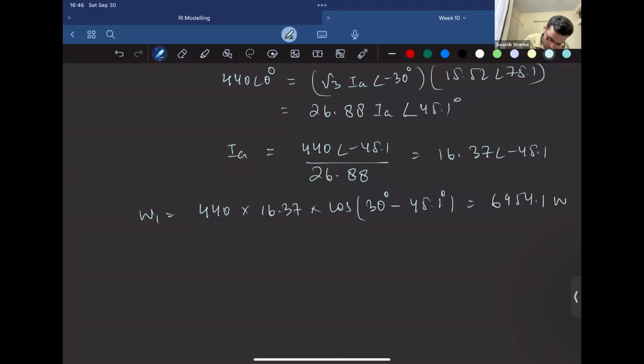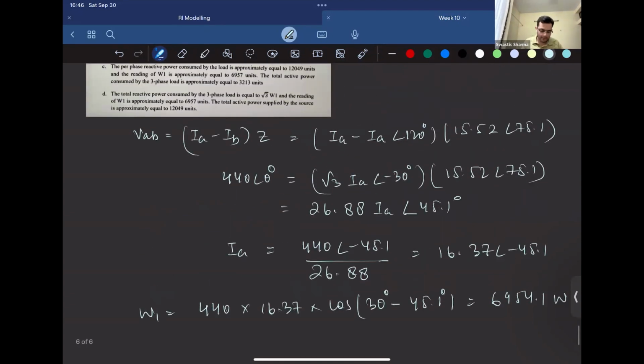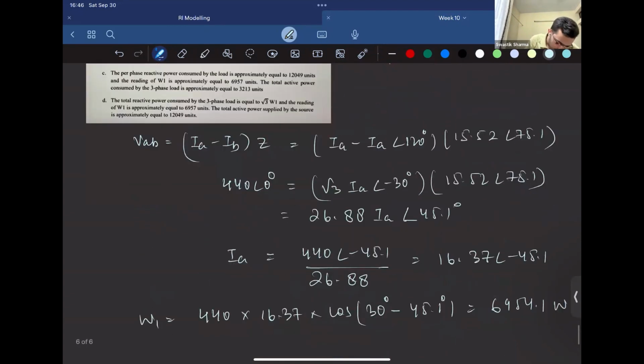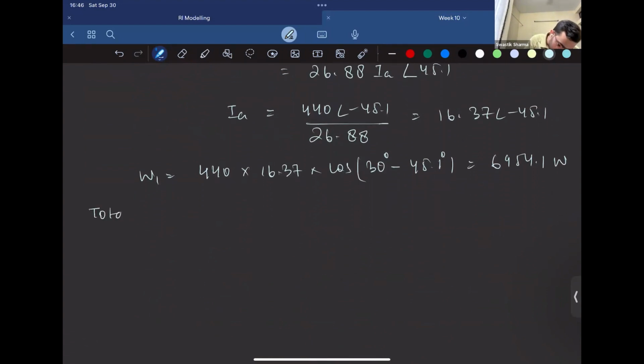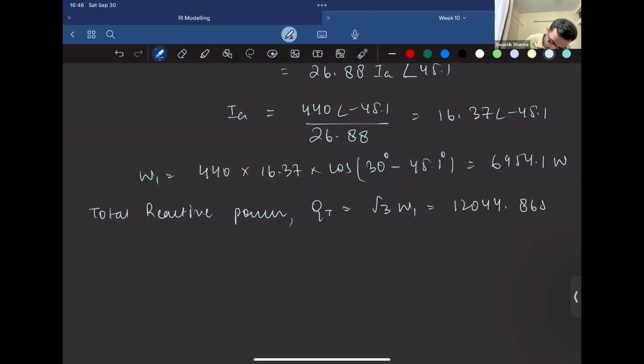So the answer would be 6954.1 watts. So wattmeter one reading is this. Now for the total reactive power QT, it is root 3 times W1. If we do it, we get 12044.8654.